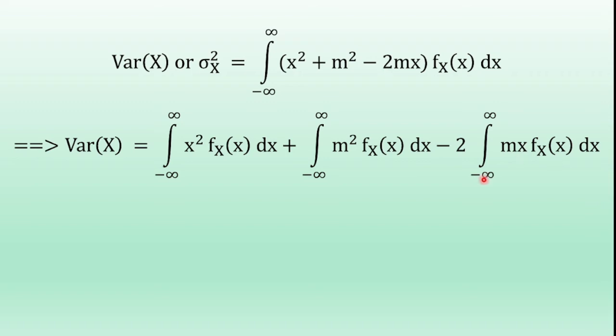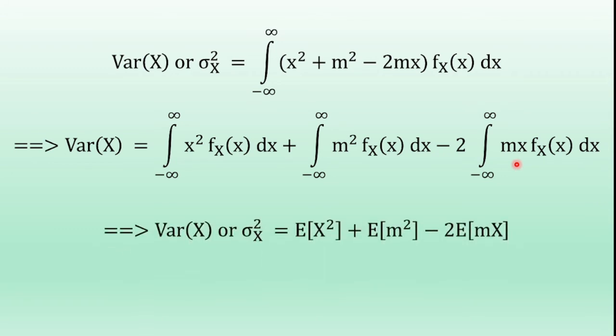So the integral of x square f of x dx is the expectation of X square, this is expectation of m square, and this is expectation of mx, according to the definition of moments about the origin. So variance of X is equal to: the first term is expectation of X square, the second term is expectation of m square, and the third term is expectation of mx.